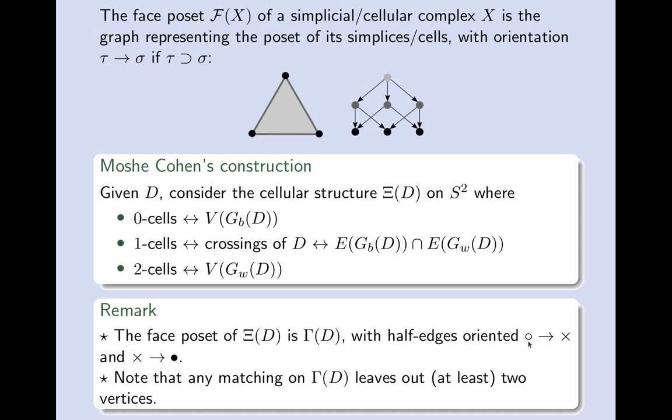So we orient from white regions to crossings and from crossings to black regions.